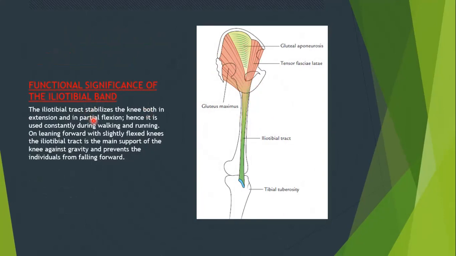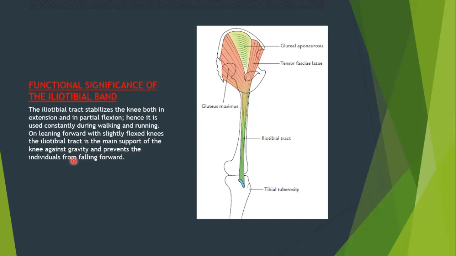Now, what is the functional significance of this band? It will stabilize the knee both in extension and in partial flexion. Hence, it is constantly called into action during walking and running. When one leans forward with slightly flexed knees, the iliotibial tract is the main support of the knee against gravity and prevents the individual from falling forward.